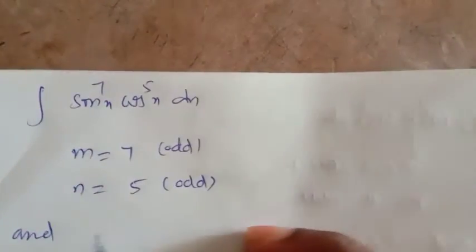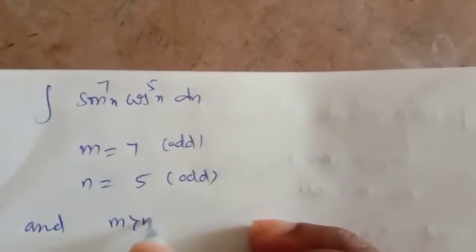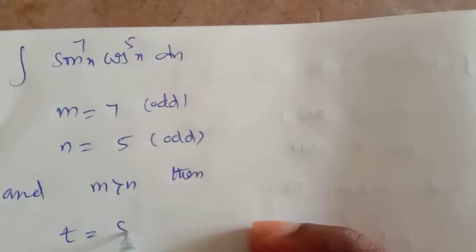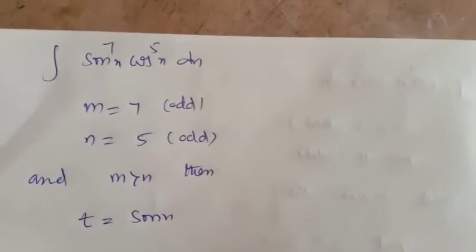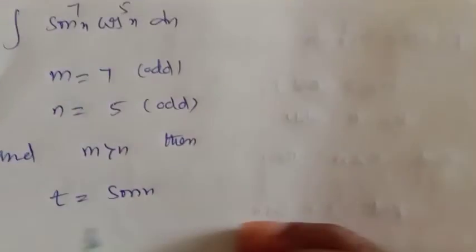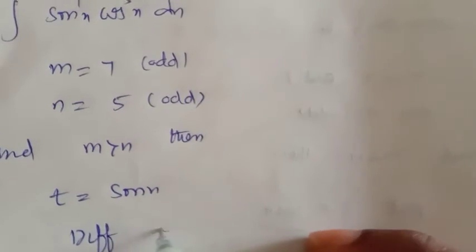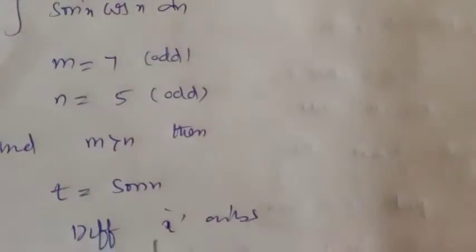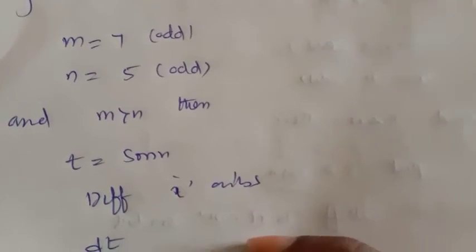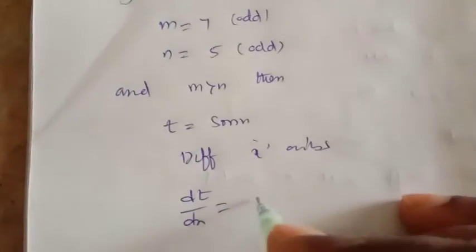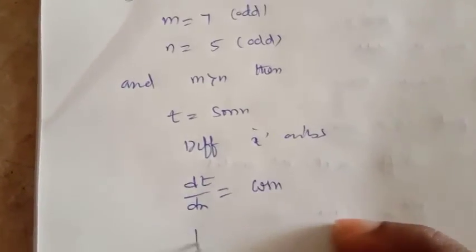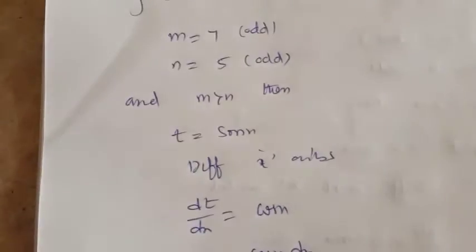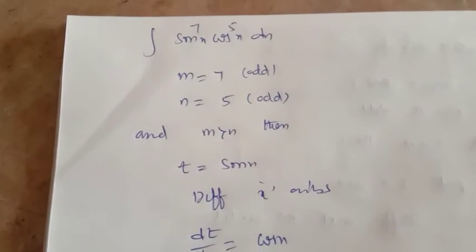And second condition, m greater than n, then t equal to sin x. Then put t equal to sin x, then differentiating with respect to x on both sides, we get dt by dx equal to d by dx of sin x, cos x, and cross multiplication we get cos x into dx.